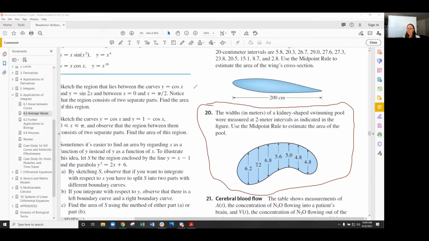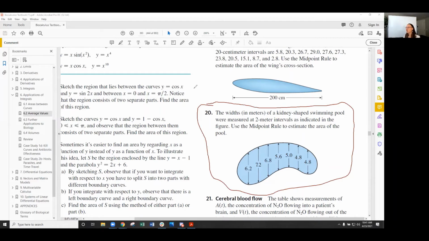If you were a scientist and you took measurements and then someone told you, oh yeah, we're only going to need to use half of those data points, that feels wrong to me. So if I had actually found all of these data points, I would not choose to use the midpoint rule because I'd be throwing out half of the data that I found.